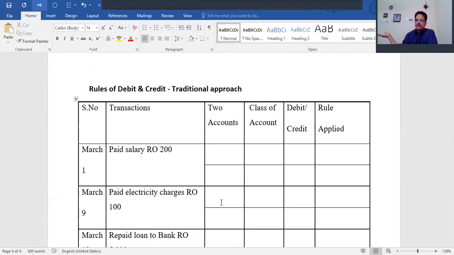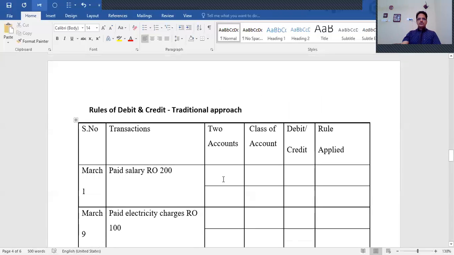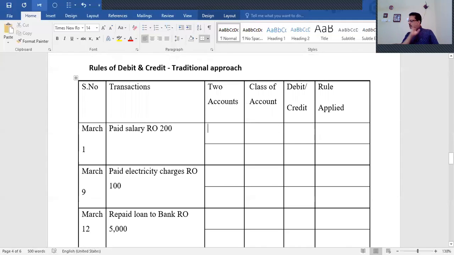Don't think about the 5 types of account: asset, expense, liability, equity and revenue. That is the first classification. Here 3 accounts: personal, real, nominal. So first you define the 2 accounts. Whichever approach you are applying, there is no difference, the 2 accounts there is no change.